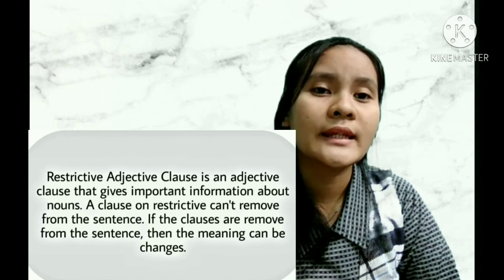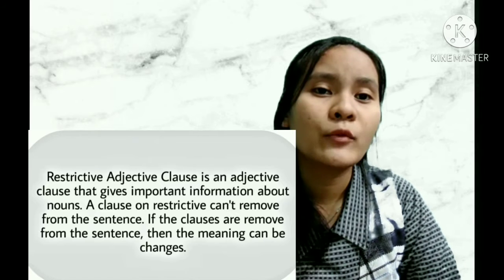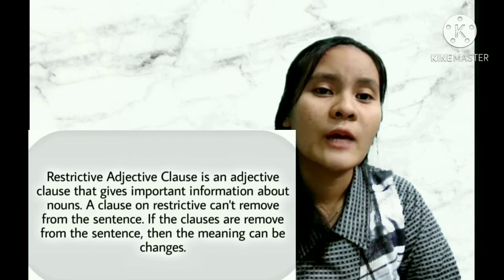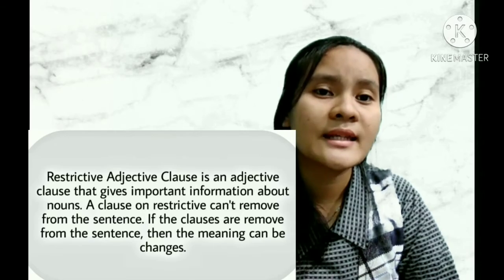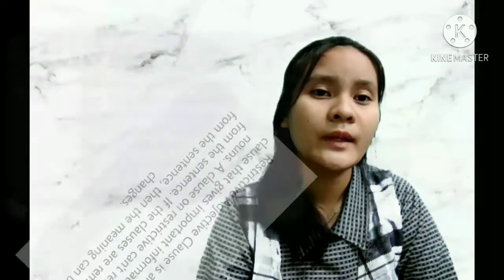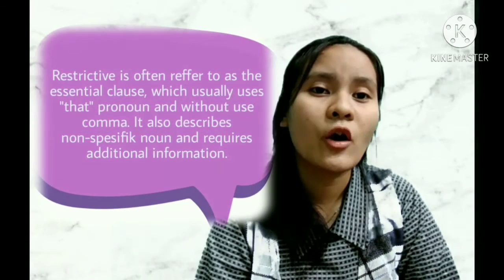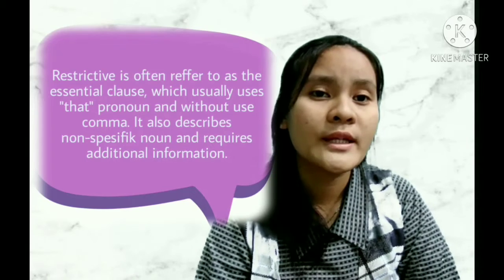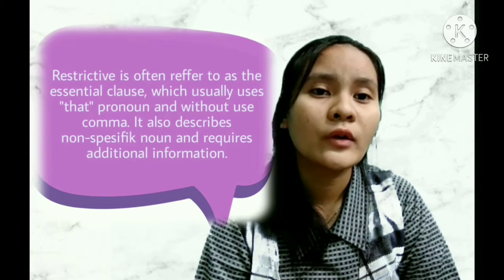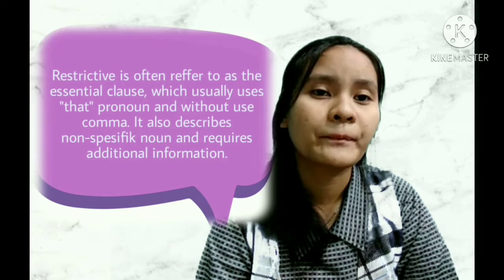A clause in a restrictive sentence cannot be removed from the sentence. If the clause is removed, then the meaning of the sentence can be changed. Restrictive is often referred to as an essential clause, which uses the pronoun that and is used without a comma.